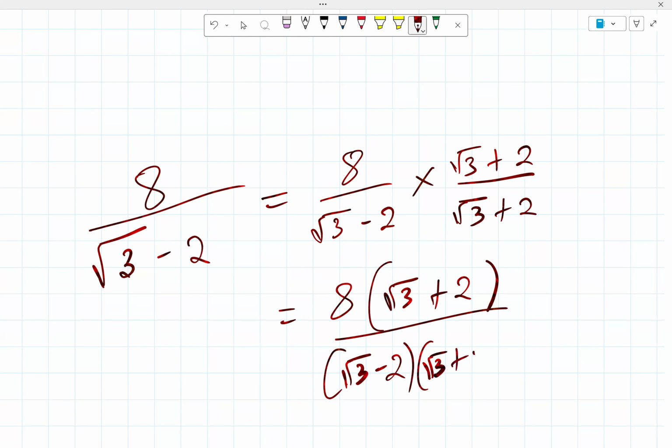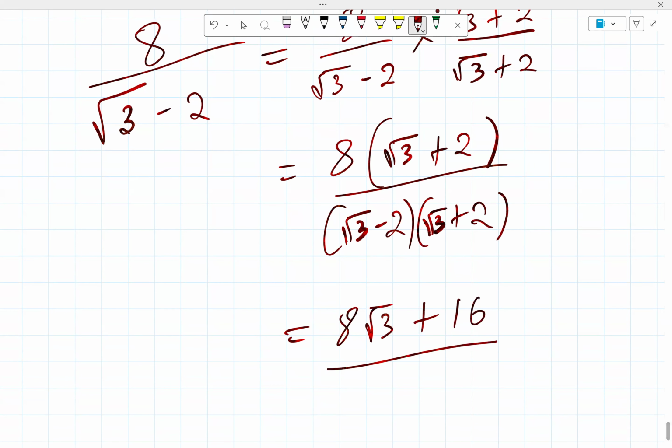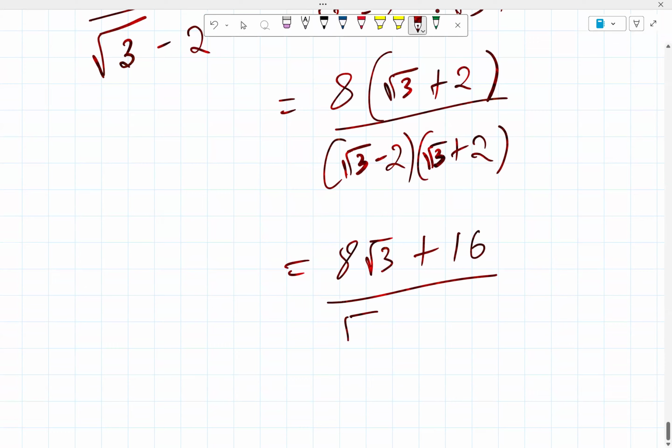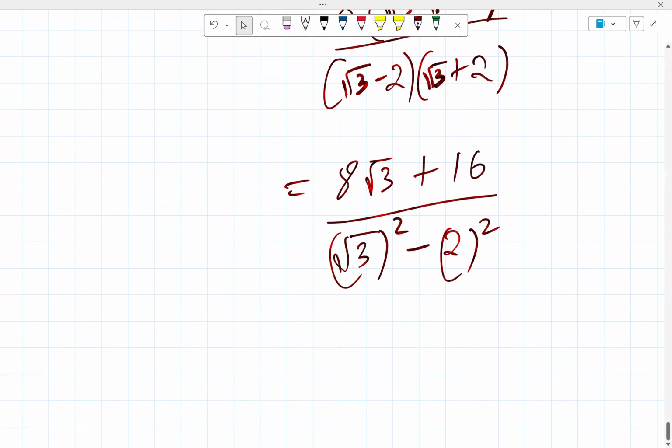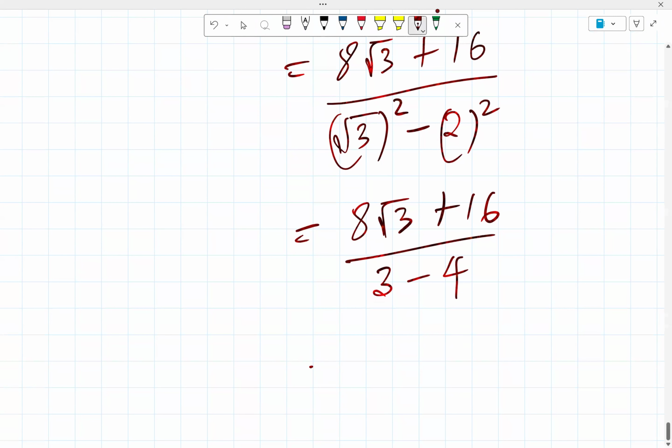So we then have 8 root 3, 8 times 2 is 16, all over the difference of two squares. So we have root 3 squared minus 2 squared. That is 8 root 3 plus 16 over, root 3 squared is 3, 2 squared is 4, so all over minus 1.